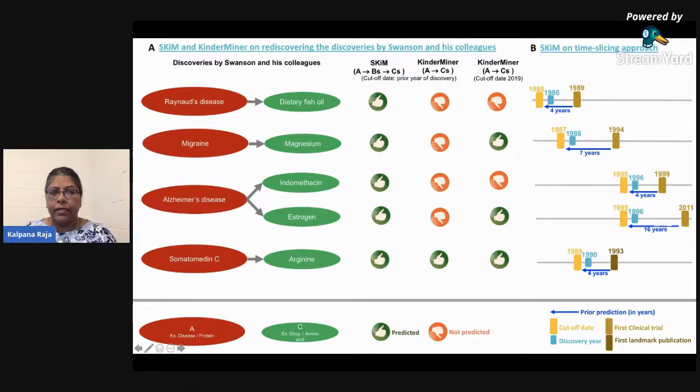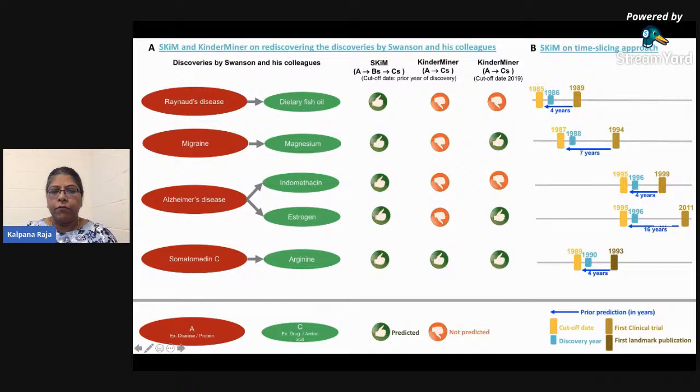So on the left side, I'm listing the discoveries made by Swanson and his colleagues. Let me take the first one, Raynaud's disease and dietary fish oil. Here, we allow SKiM to read the articles published up to a certain year. This year, we call the cutoff date.